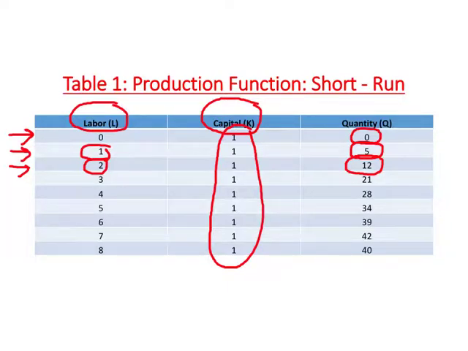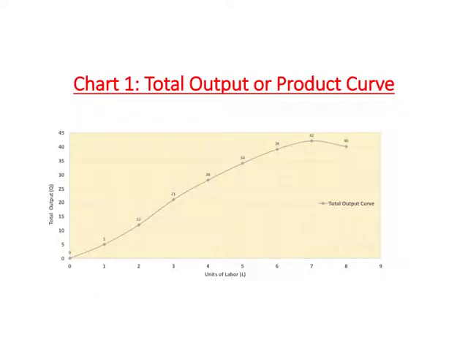So what this table gives us is how much output is produced when we use different amounts of labor on the same plot of land. And in the next slide, what we do is simply plot these points. So here is chart 1, where we have total output on the vertical axis and units of labor on the horizontal axis, and we plot the points that are contained in table 1, and we join them.